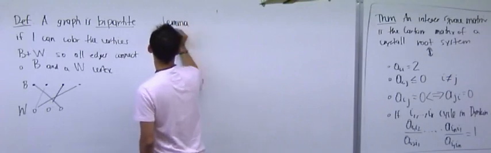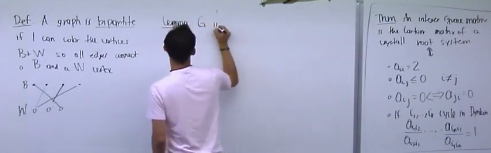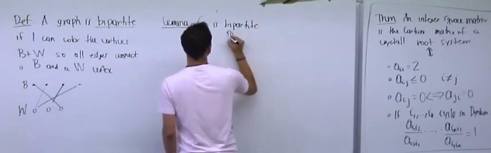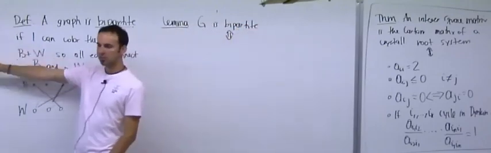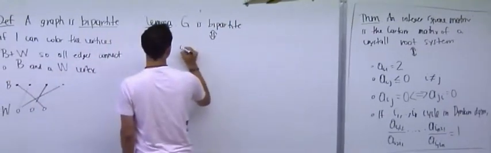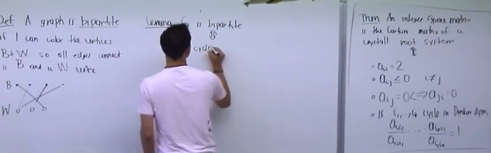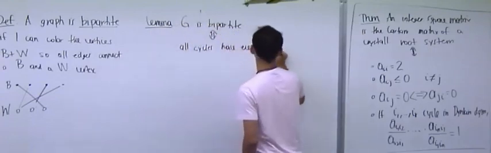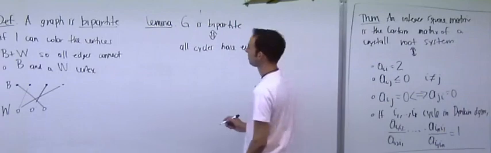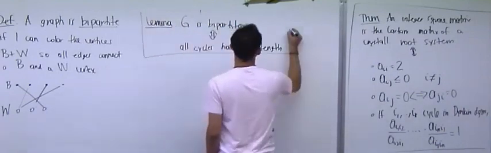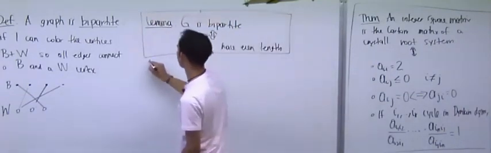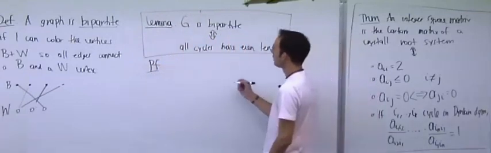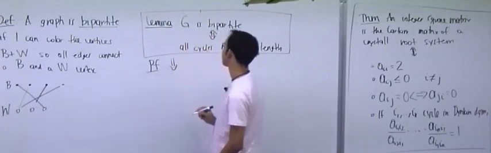Here's my nice combinatorial lemma: a graph is bipartite if and only if it only has even cycles. All cycles have even length. So it's a nice simple lemma from graph theory. How do you prove something like this? Well, one direction is very easy.